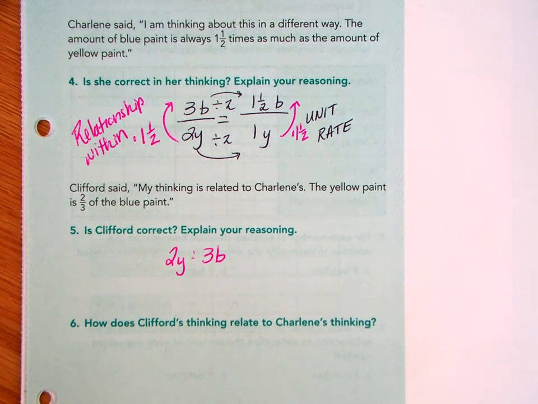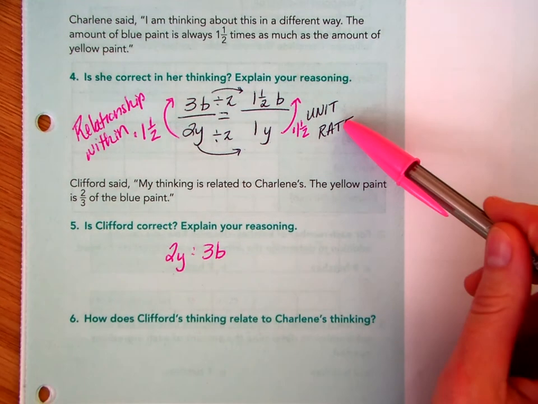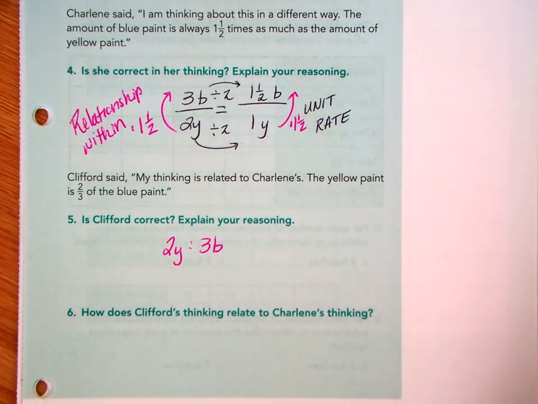How does Clifford's thinking relate to Charlene's thinking? Charlene is basing the amount of blue paint for the total mixture on the amount of yellow paint. Clifford is basing the amount of yellow paint for the total mixture on the amount of blue paint. Both Clifford and Charlene are interpreting the ratio correctly.